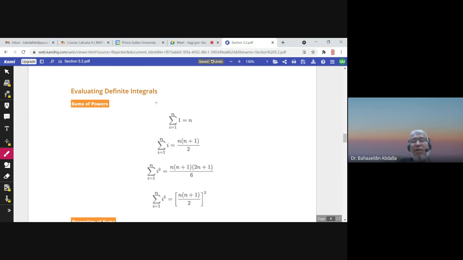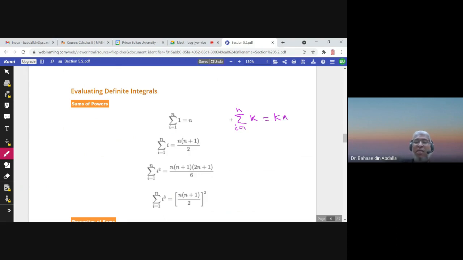To evaluate definite integrals, we need some properties for the summation. So summation of 1 is n. Summation of k, where k is a constant, has no i, is k times n.